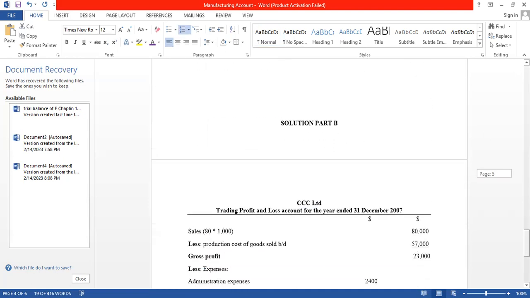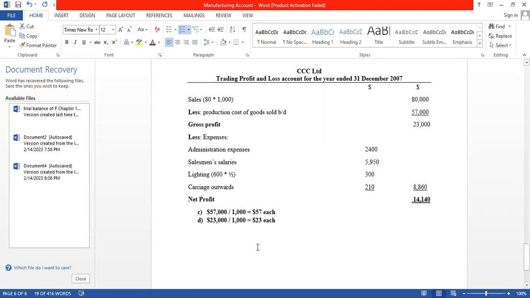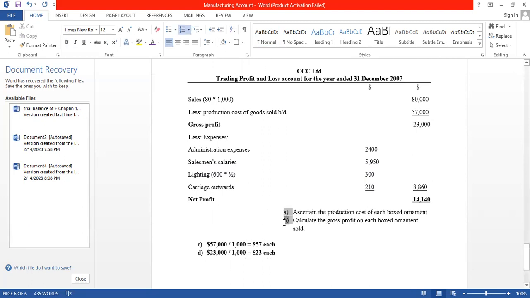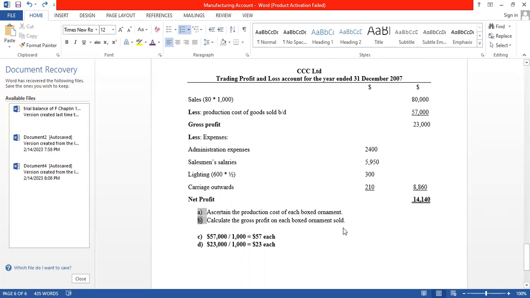Scroll back down to the trading and profit and loss account. I'm going to put the word here.